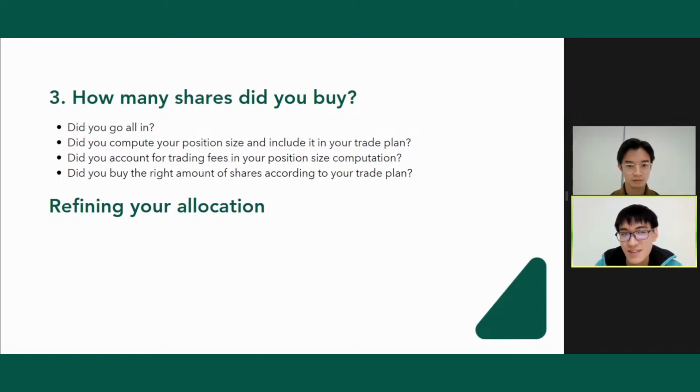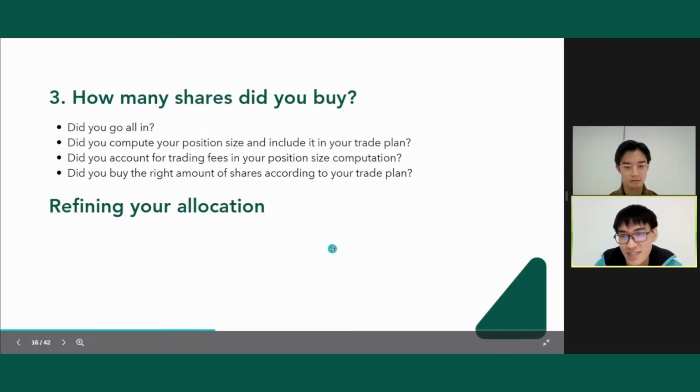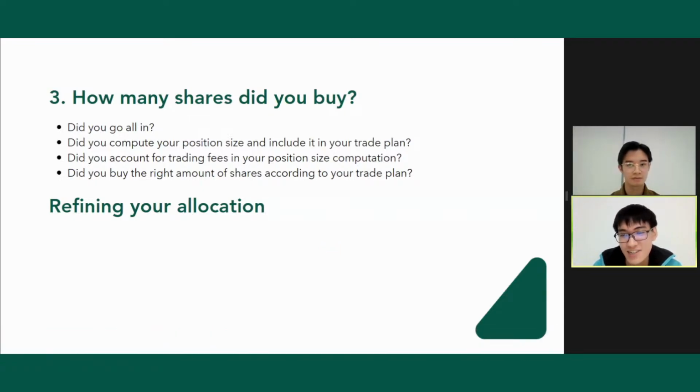So there you're trying to figure out if the allocation of the stock you traded is correct, diba? Dapat same yan. Whatever position size you computed, that should be exactly the number of shares, or even less depending on what the conditions were. It should be exactly the same as your computed position size. So here you're refining your allocation.